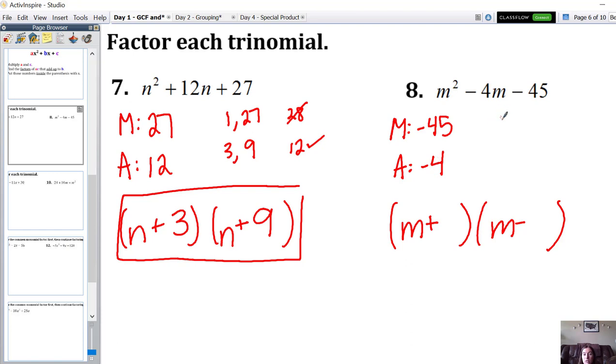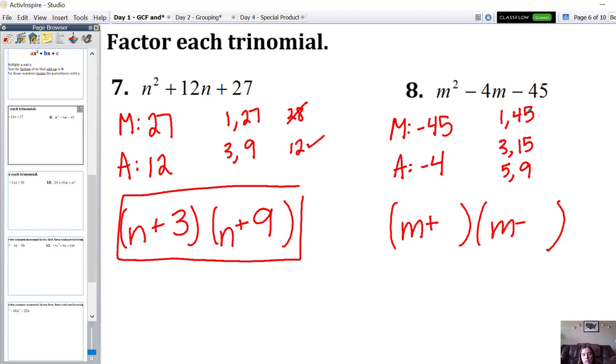So let's list out our factors of negative 45 that get us to negative 4. I'm just going to list the factors of 45 and know in the back of my head that one of those has to be negative and one of them has to be positive. So our factors of 45: 1 and 45, 3 and 15, 5 and 9. Those are all the factors. Now, keeping in mind that one has to be positive and one negative, which ones can get me to negative 4?